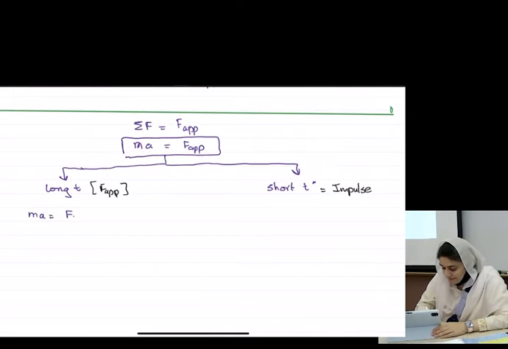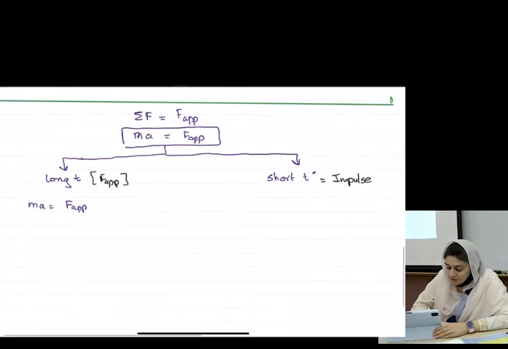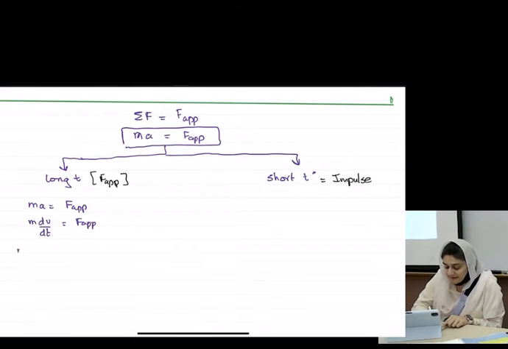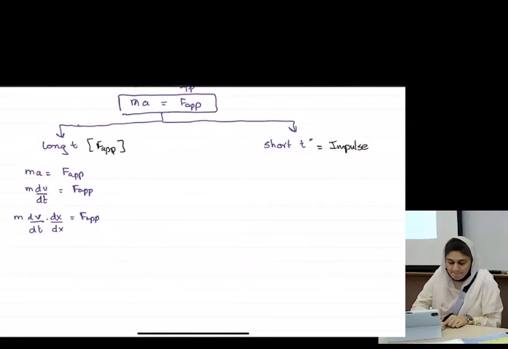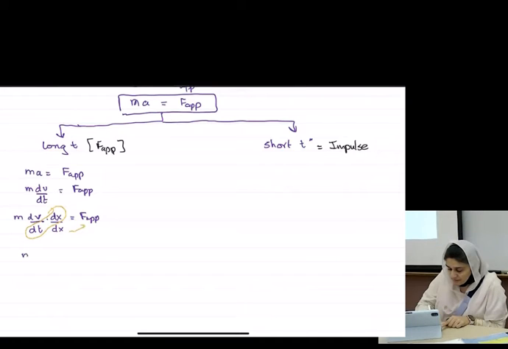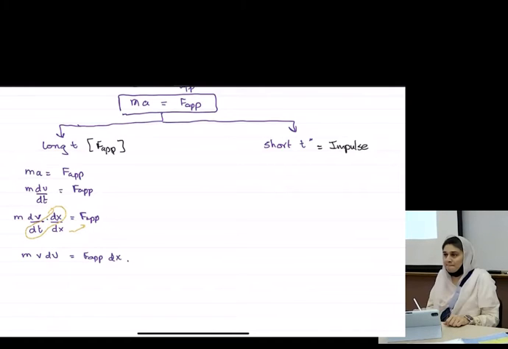MA equals F applied. This can also be written as M dV over dt equals F applied. Can I multiply this with dx? Okay. Can I combine these two? And can I move this over? Can I integrate both sides?